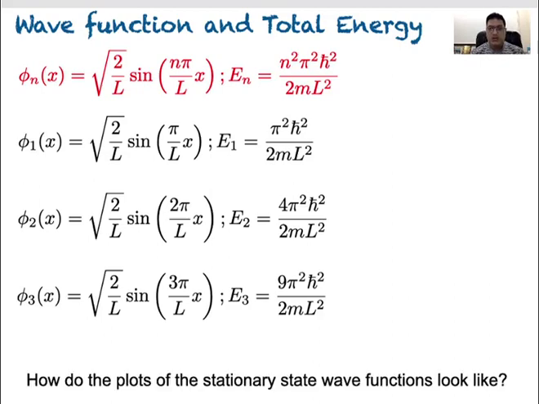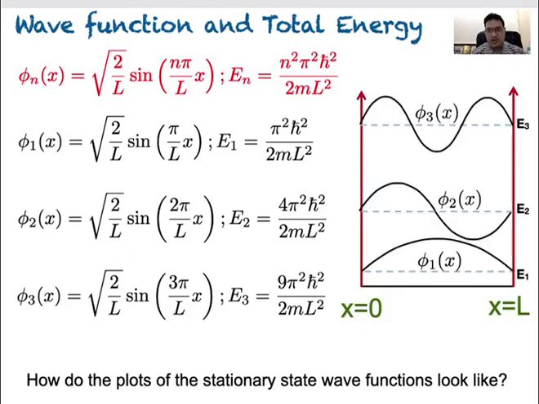Okay, so now how do these stationary state wave functions look? So let's plot these wave functions. The first wave function phi 1 is sine pi over L times x. Okay, so you can see that this wave function is 0 at the boundaries, that is, when x is 0 and x is L, and this is your phi 1 of x, and the corresponding energy is your E1.